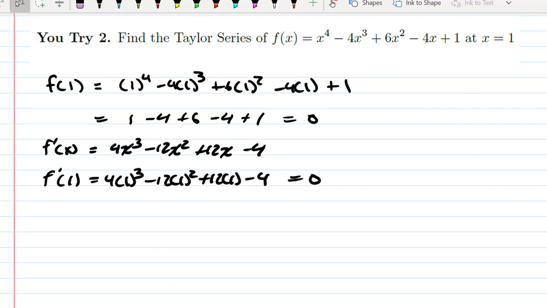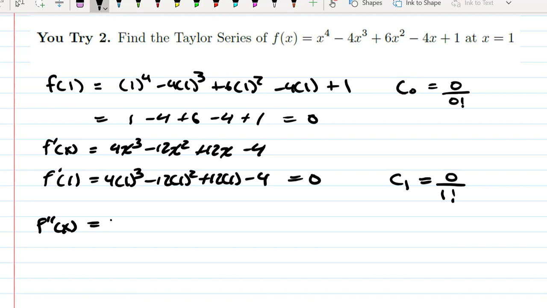So this gives us, sorry I didn't write it out explicitly, c0 is 0 over 0 factorial. c1 is 0 over 1 factorial. So now we take another derivative, f double prime, and we get 12x squared minus 24x plus 12, and we evaluate that at 1, sorry.